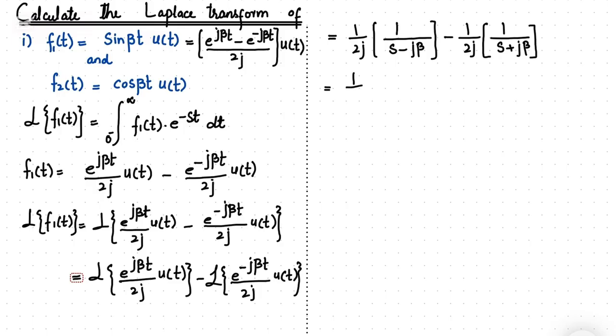So 1 over 2j can be taken common, and the rest of the thing would be 1 over s minus j beta minus 1 over s plus j beta.